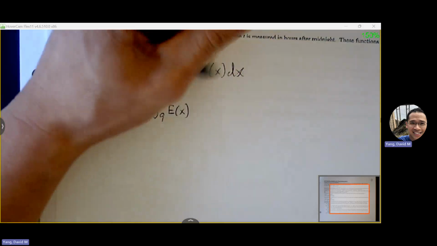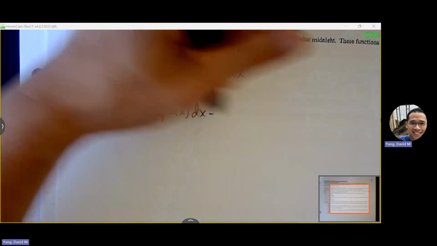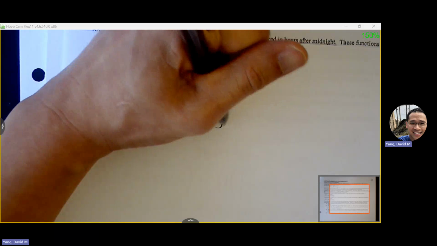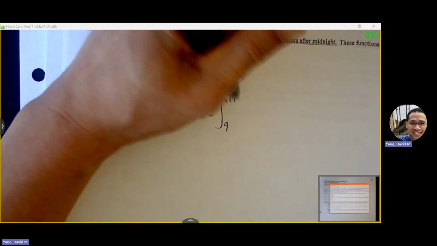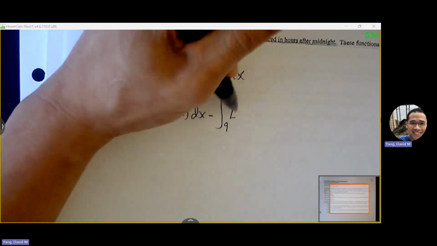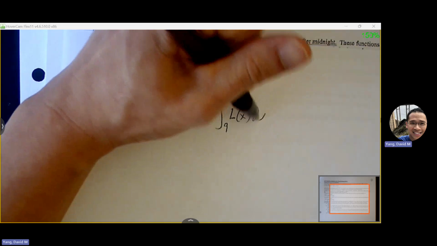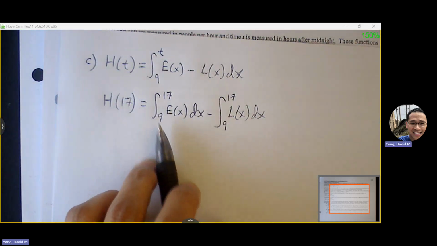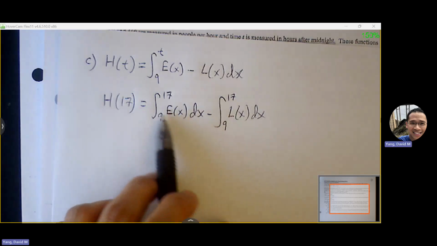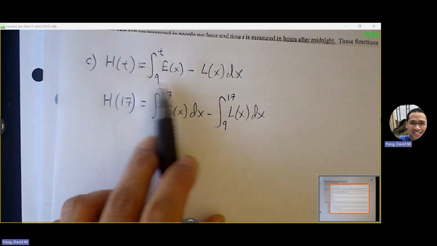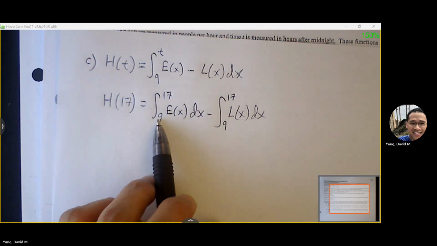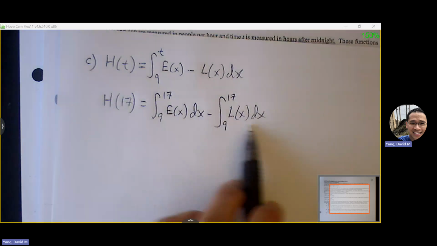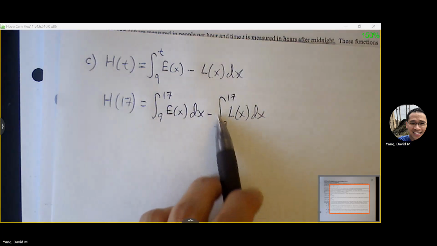And if I split this up into two integrals, maybe that's just a little bit easier to think about what this means. So this is the number of people who've what? Yeah, entered the park. And this is, what does this mean?